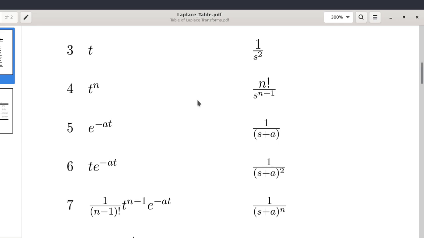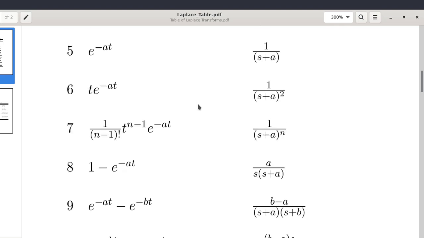Now remember, in exam, you'll be given a table of Laplace transforms. But remember also, you might see a question asking you to prove that the Laplace transform of t to the n is n factorial over s to the n plus 1, or to give an example to show it.